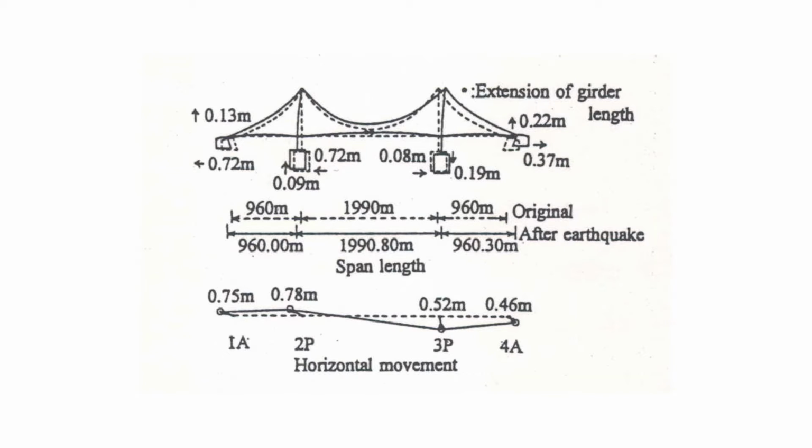The earthquake affected the Akashi Bridge. This shows the dimension of the bridge layout before and after the earthquake. The main span expanded 0.8 meters. The cable went up 0.13 meters.